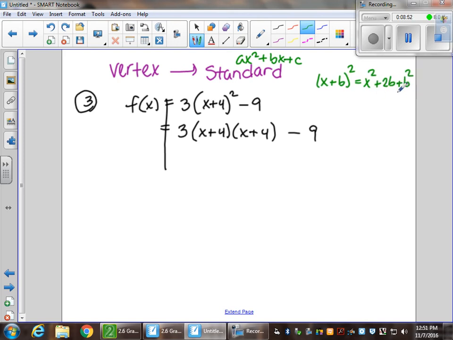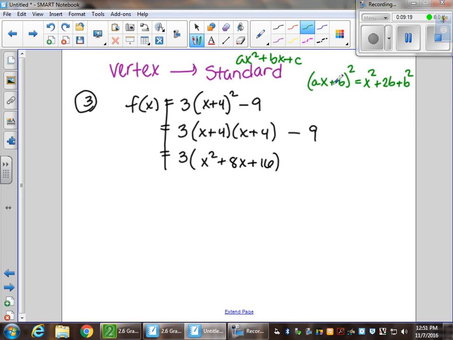We can use that rule here. So right away, I know that this will be 3 times x squared plus 8x plus 16. I need to amend that a little bit. There was an a involved. So let me back up. Here, a is 1, so it really doesn't matter.